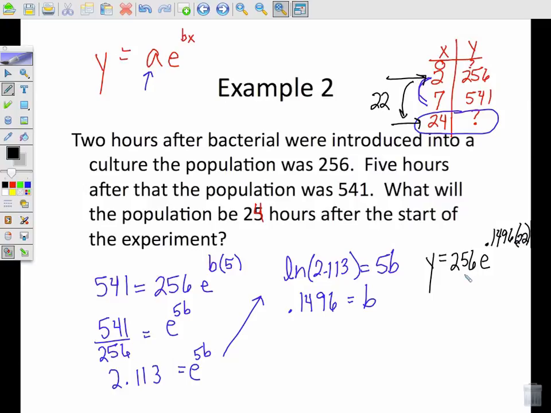So I'm going to put 22 in here. That's how much time has passed between the reading that I found at 2 hours and the one I want to find here at 24. So then your final result is 6,880 bacteria.